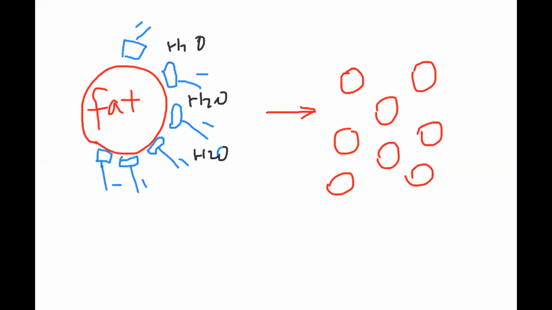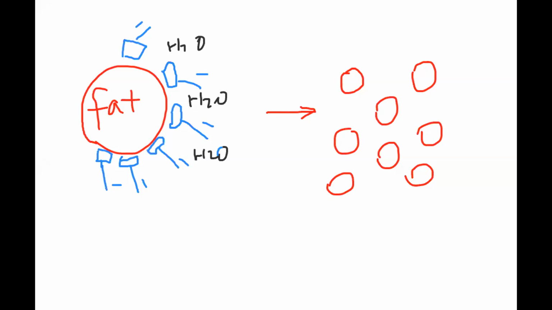Okay, so maybe you have this experience in your kitchen, if you have a very greasy plate, if you use hot water, you can clean the dish much easier than using cold water. Why is that?